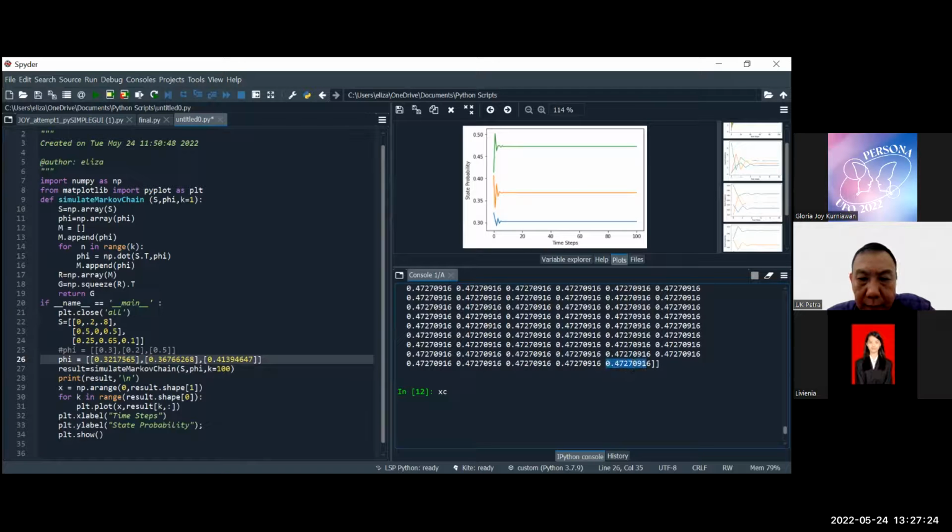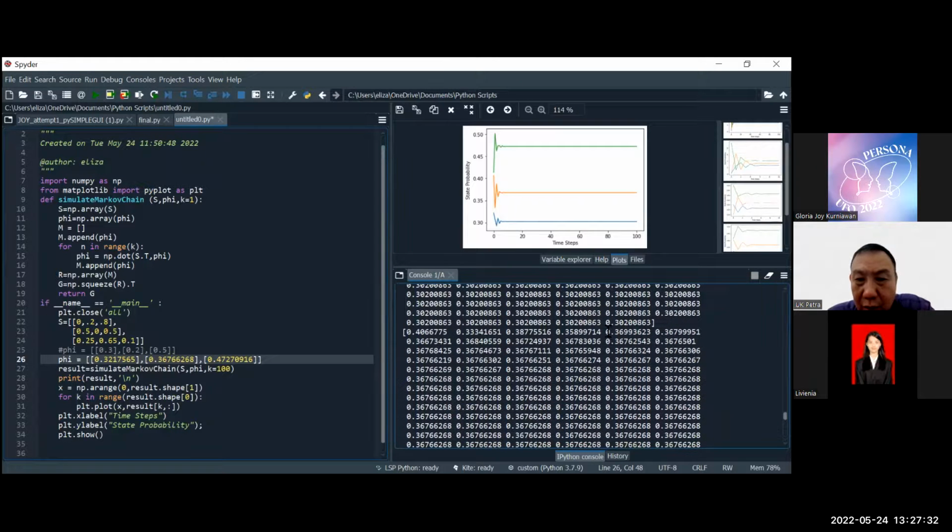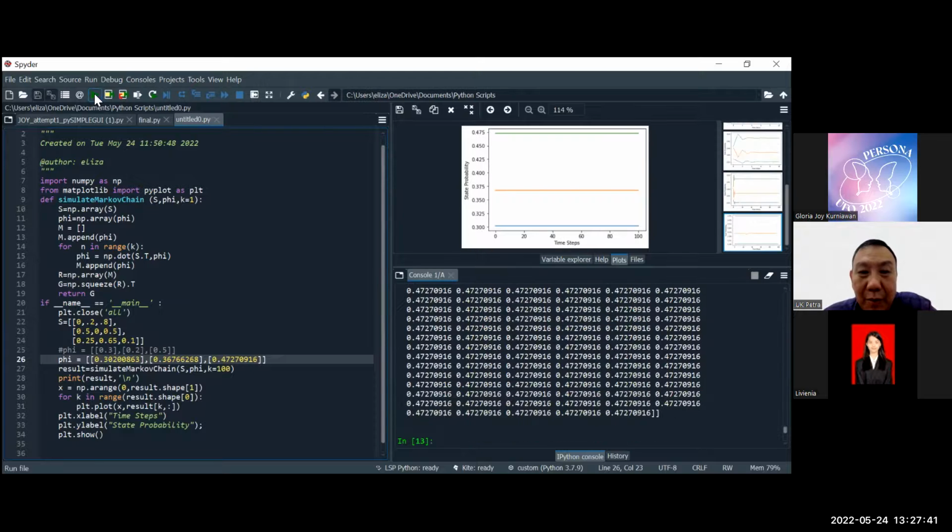Oh, we are trying to get the last value, right? The last value. Okay, and then the first one is around 0.30. Yeah, okay. So put that. So if we get that, okay, and then when you run, what happened?